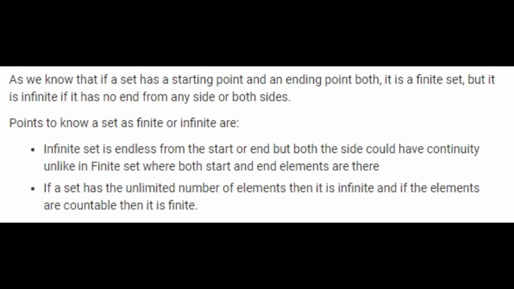Both sides could have continuity, unlike a finite set where both the start and end elements are there. Next, if a set has an unlimited number of elements, then it is infinite, and if the elements are countable, then it is finite.